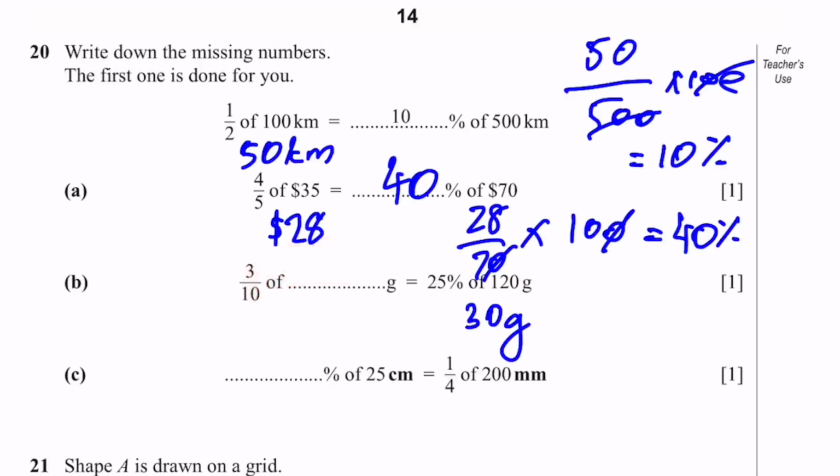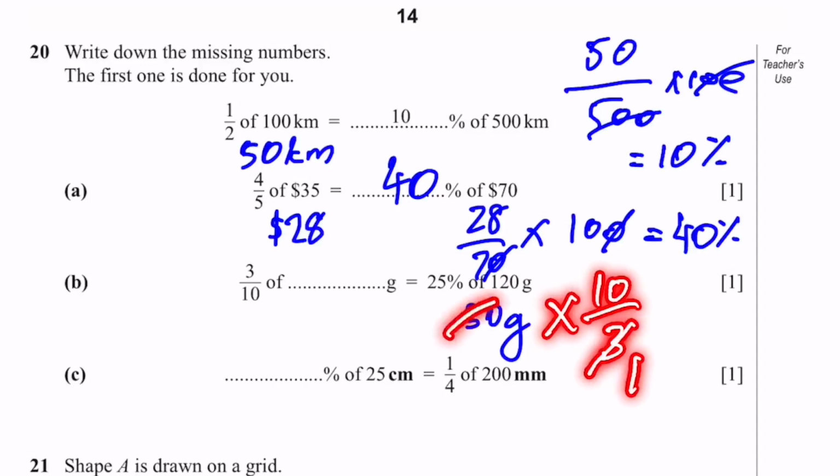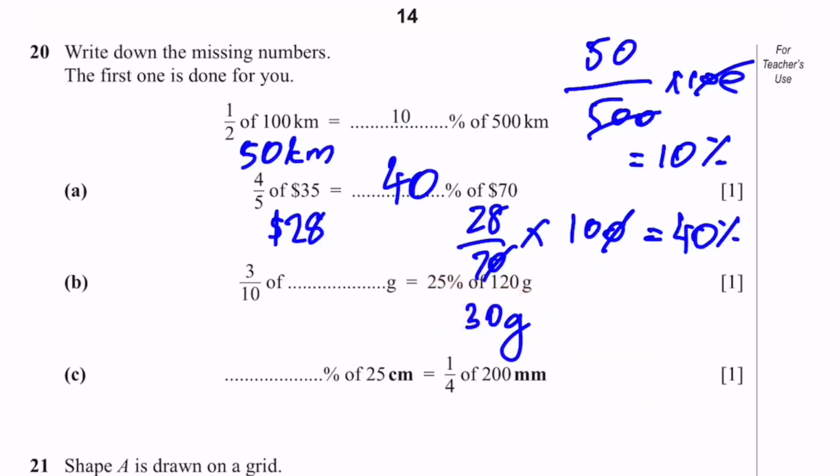So now when we bring this to the other side, it'll become divide by 3 by 10. And when that happens, it's equal to multiply by the inverse, which is 10 by 3. 30 into 10 by 3, we can cancel out. And this becomes 10. And then 10 into 10 is 100. So 3 by 10 of 100 grams is the answer.